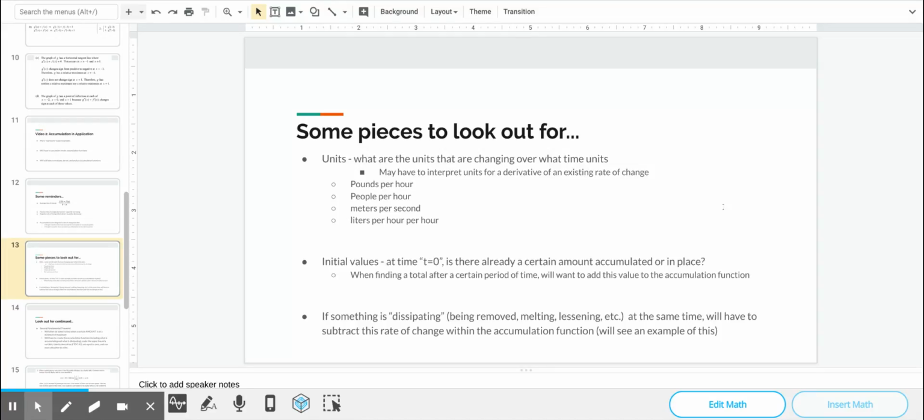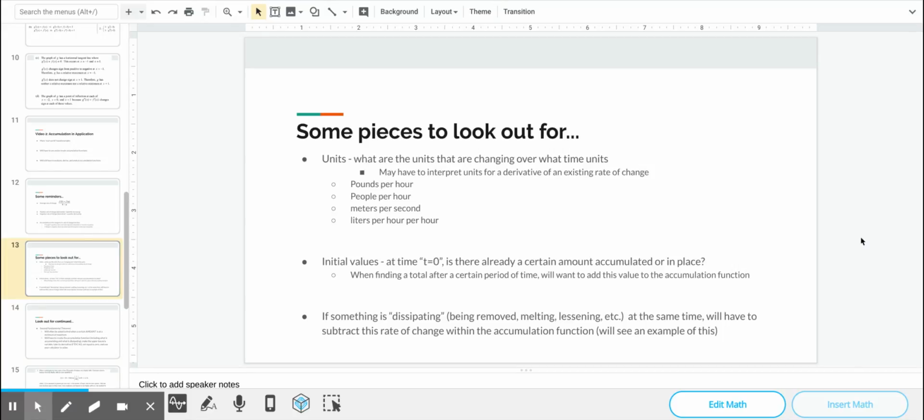Initial values are really big in this section. Almost every single problem starts with them in some way, shape, or form, right? And so typically at time t equals 0 or at some time during the day, you have to ask yourself, is there already a certain amount accumulated or in place? What did the problem give me? Is there some initial value?